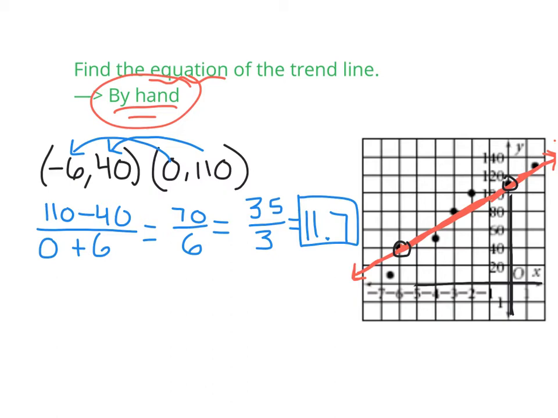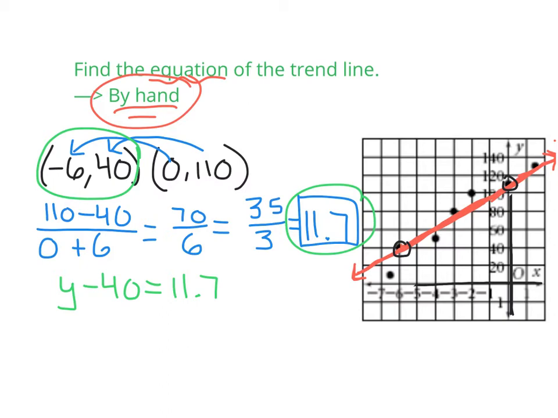After you find your slope, we now have to write the full equation. So let's use point-slope form. Let's use our first point and our slope. So y minus 40 equals 11.7 times the quantity x plus 6.